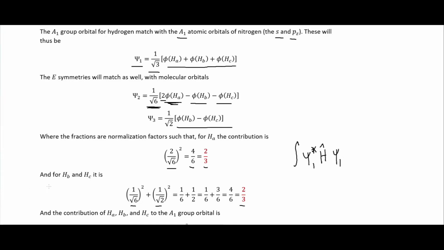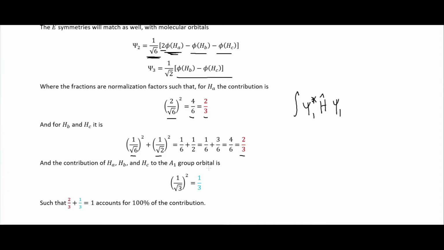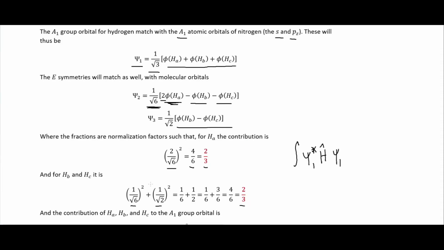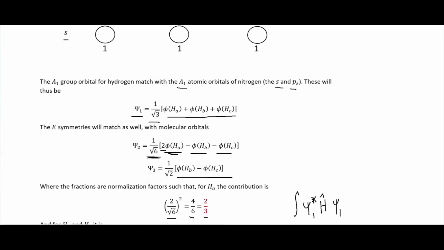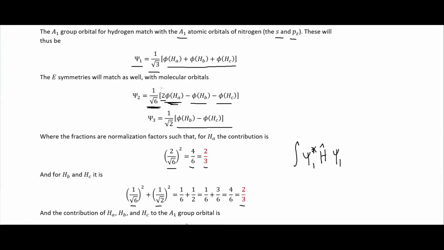And so then the contribution of each of those to the A1 group orbital is the 1 over square root of 3, and then we square that, and so that's 1/3. And so then the 2/3 plus 1/3 is equal to 1. That accounts for the 100% of the contribution. And so we see that this 1 over 6 here is times this 2 here when we are talking about the HA right there, and so the HA doesn't show up in here, so it doesn't add to this 1 over square root of 2, so that's just the 2/3 there.